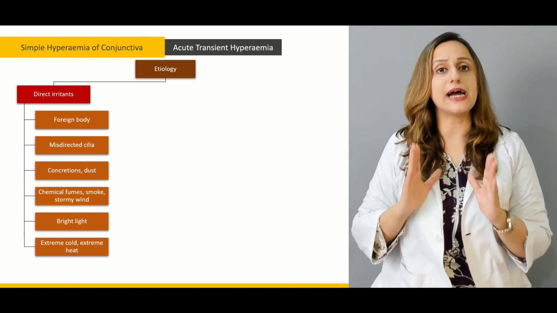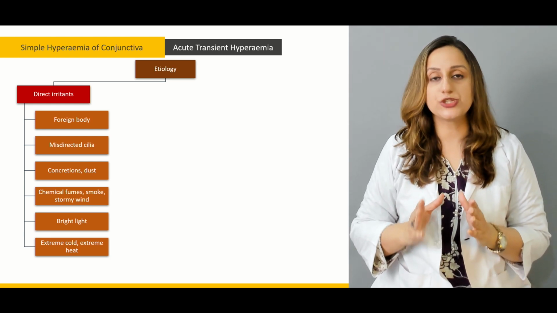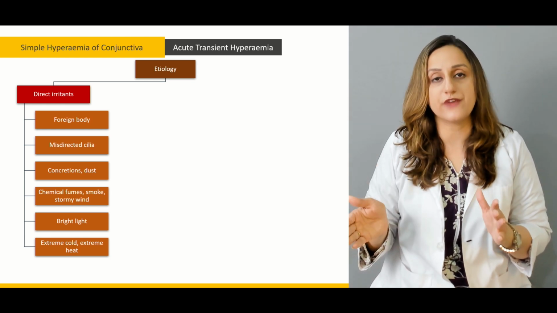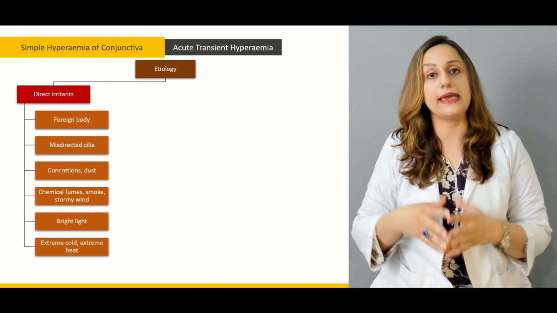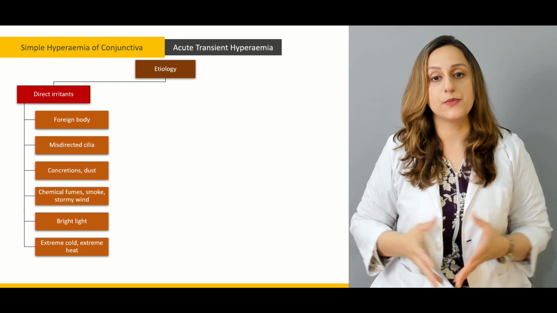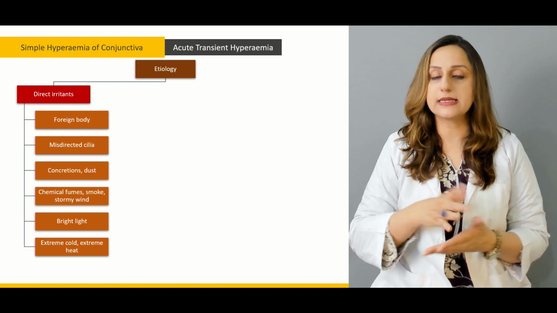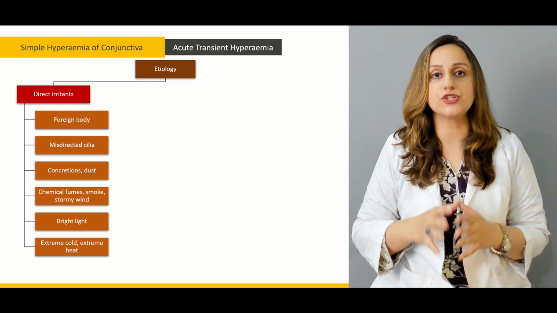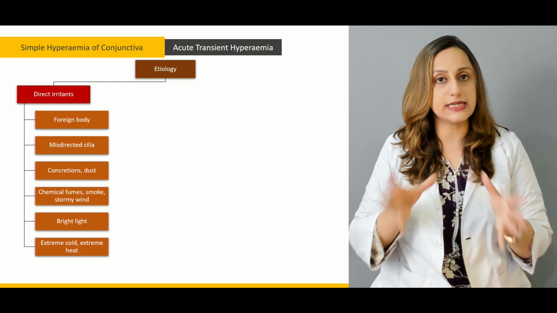Now, these are the direct irritants which can cause conjunctivitis or can furthermore cause infectious as well as inflammatory states in the individual. If all of these irritants are removed, it can simply end up in the irritative phase.